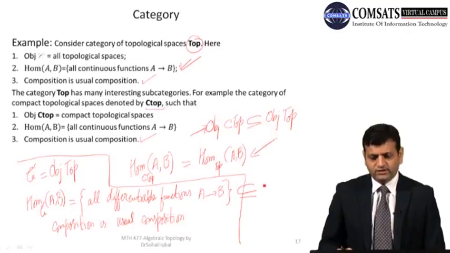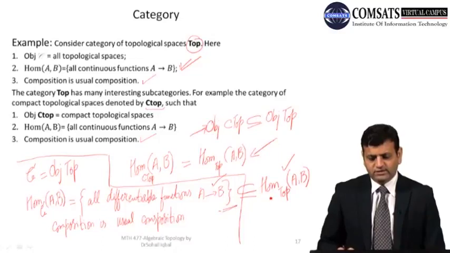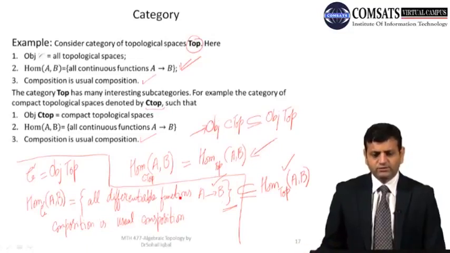So this is a subset of hom in the category of topological spaces from A to B. That set also contains functions which are continuous but not differentiable, whereas here we have only differentiable functions. This set of morphisms is a subset of that set of morphisms, and composition is usual composition, so there is no problem with the composition. So instead of restricting the objects, we can also restrict the morphisms, and then we obtain new subcategories of the given category.